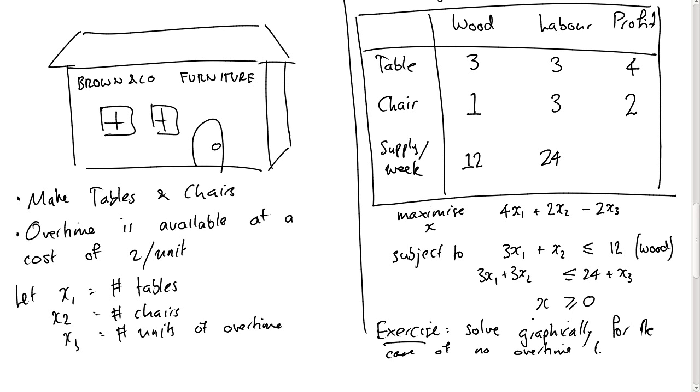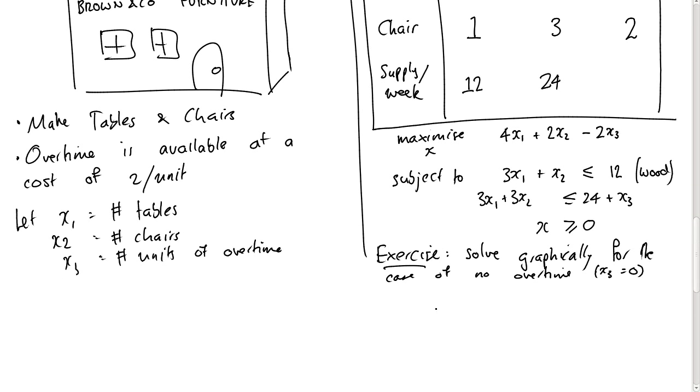That is x3 equals 0. And I'll let you do that in your own time. If you do that though, you should find your optimum should be 2 tables and 6 chairs. Okay, so I'll leave that as an exercise for you to try out for yourselves.